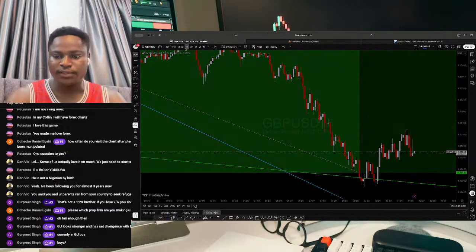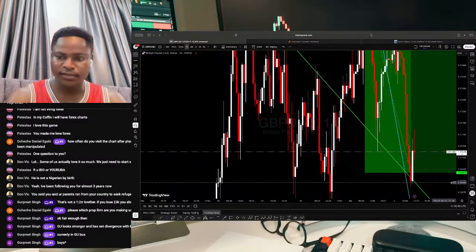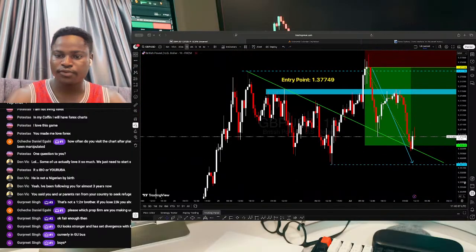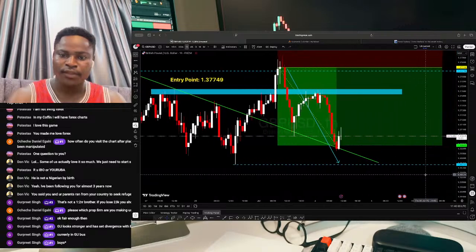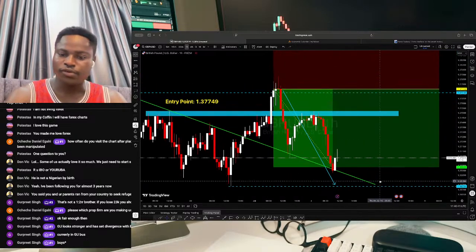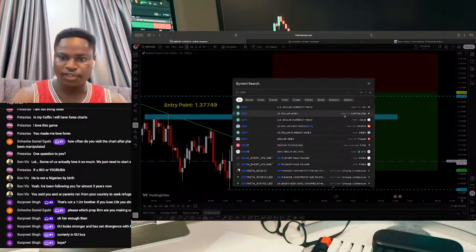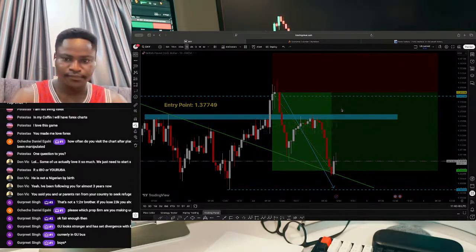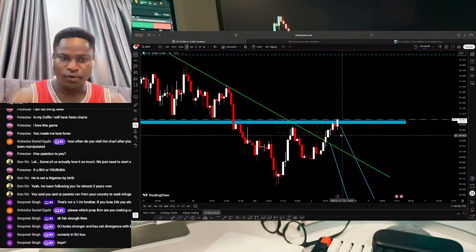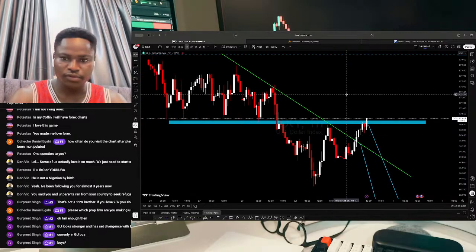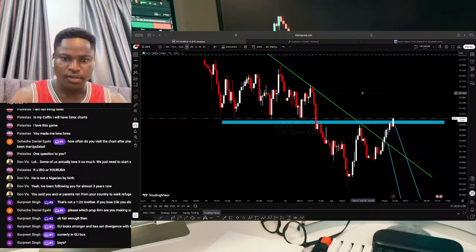So GBP USD, after hitting final take profit, is trying to push back up to the upside as well. Yeah, GU will continue to go up, guys. And DXY, let me check DXY. Oh, DXY is trying to break out of this structure. Okay.